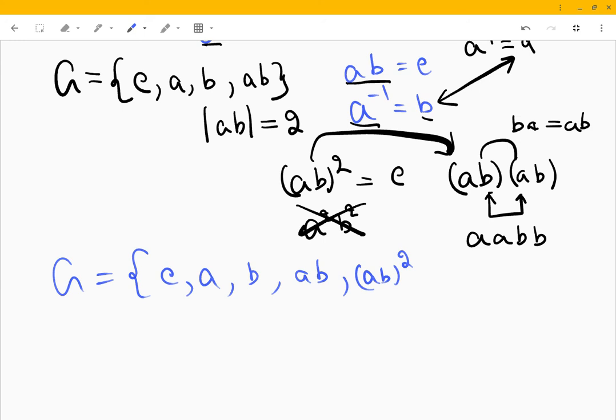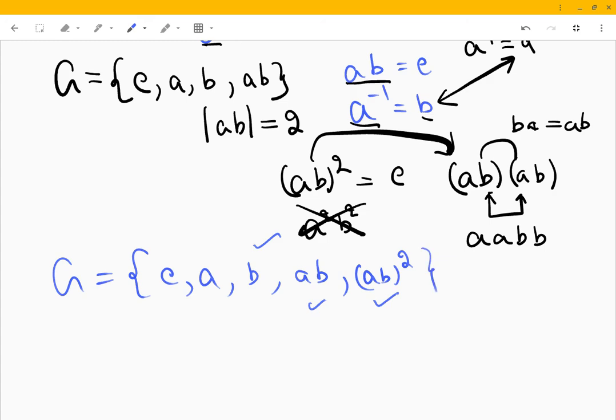Let me ponder over it a bit. A is self-invertible, B is self-invertible, and we are saying that AB is not self-invertible. That means AB square is a distinct element of this group.